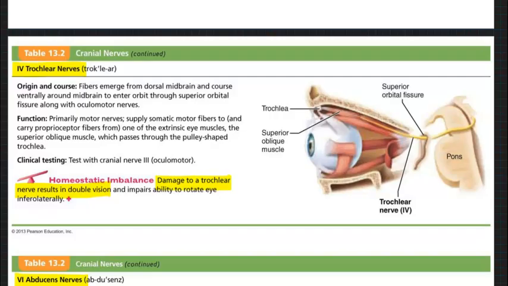Will I ask you to identify specifically what movement you can't produce if your trochlear nerve is whacked? No. I can ask you which of the following nerves, if damaged, will impair the mobility of your eye. Clear? You look at the list, see the trochlear nerve, and say, that's the trochlear nerve.